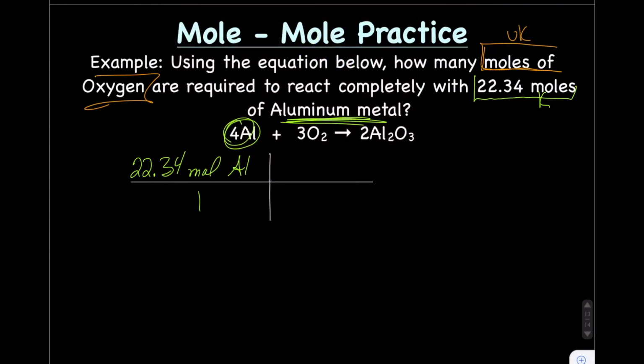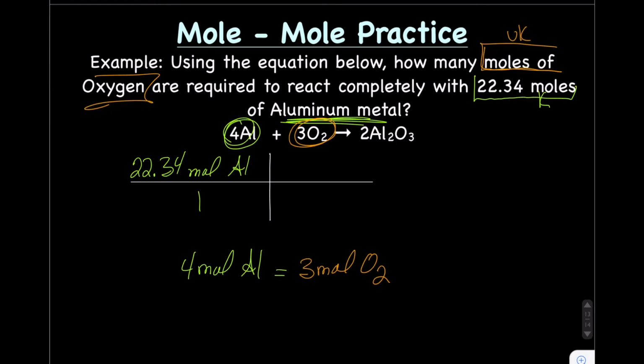Okay, so going to our balanced equation, moles of oxygen right here. So our equality then is like this. 4 mole aluminum equals 3 more moles of oxygen. And again, that came directly from the balanced equation.